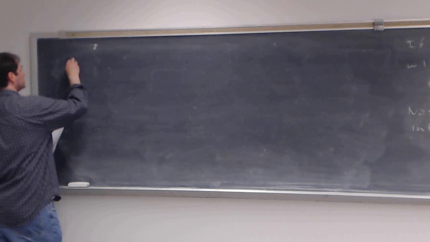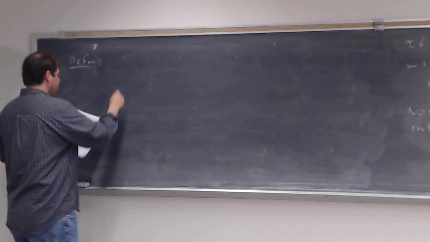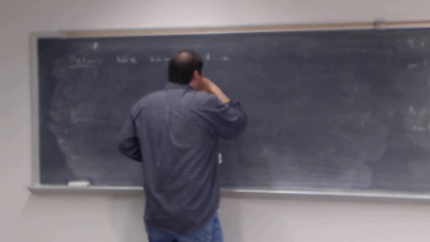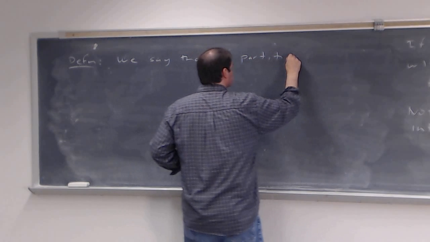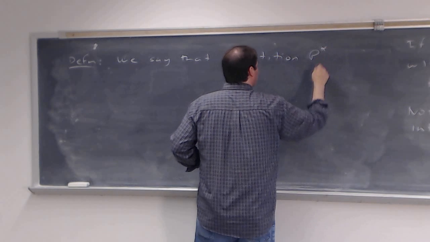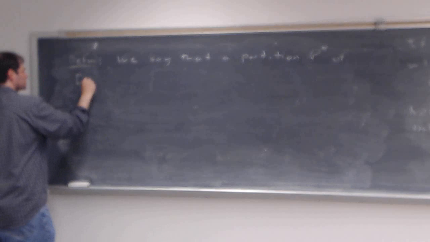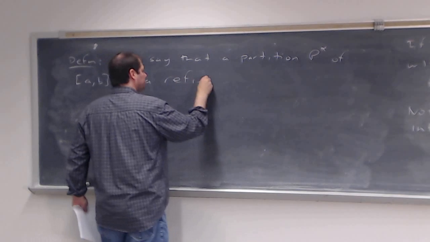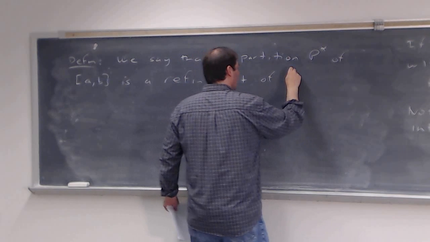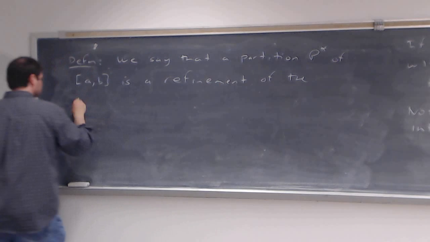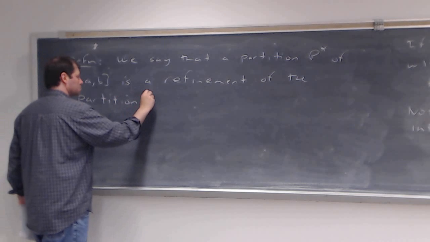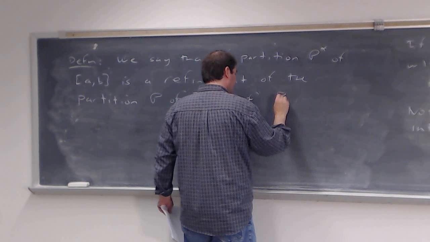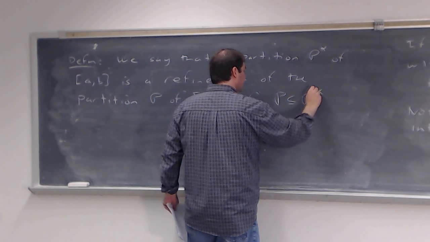Okay, here's the definition. It says, we say that a partition script P star of A to B is a refinement of the partition script P of A to B if, well, script P is a subset of script P star.